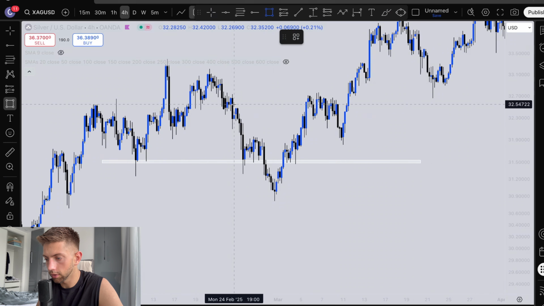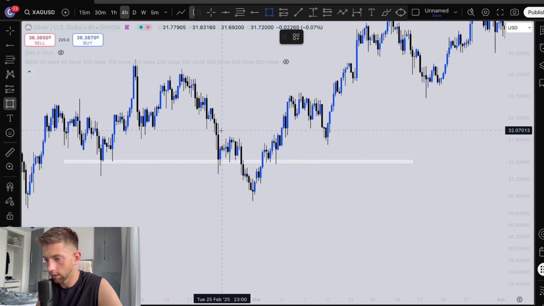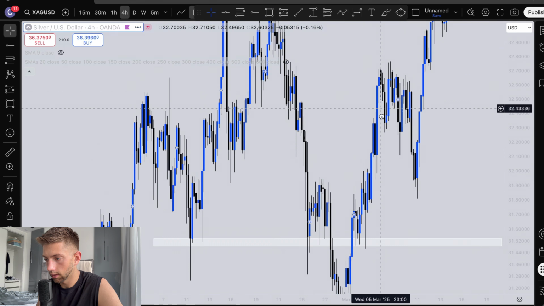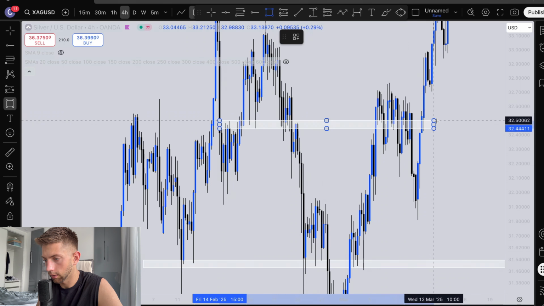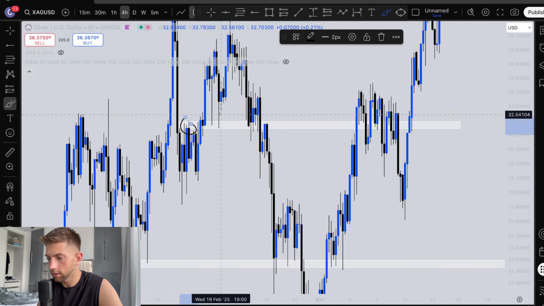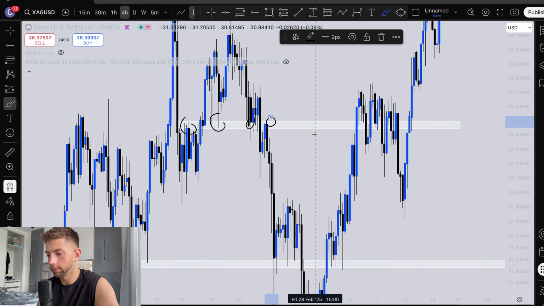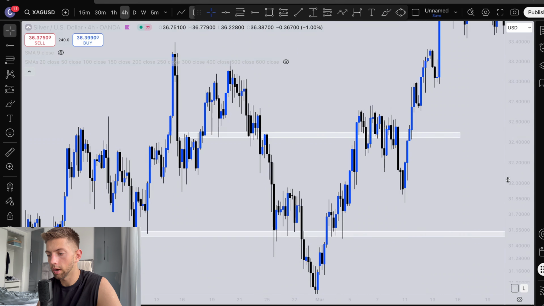For example, if I draw some support and resistance, let's say like this, you see price reacted as resistance, reacted as support, resistance. That's good, but the type of reaction is not what I want to see.